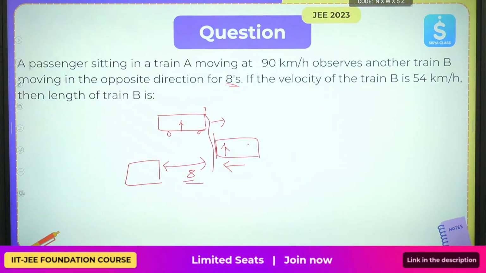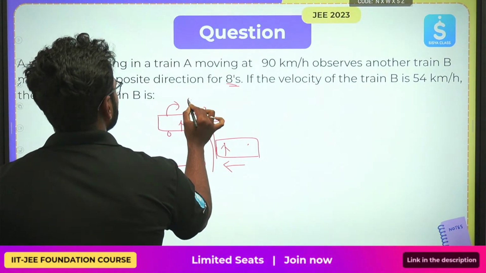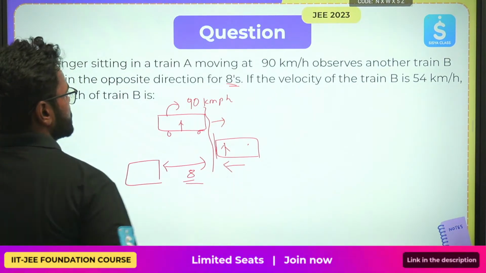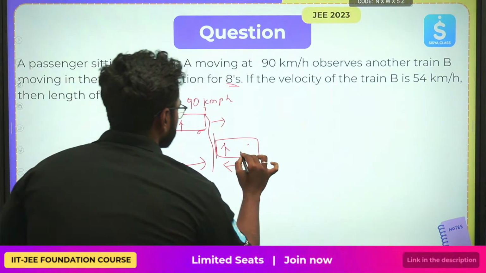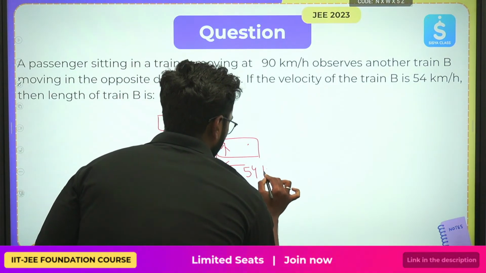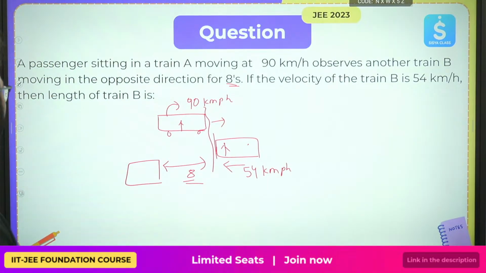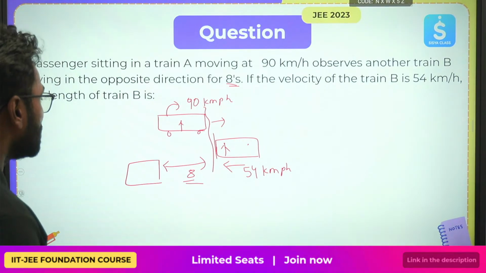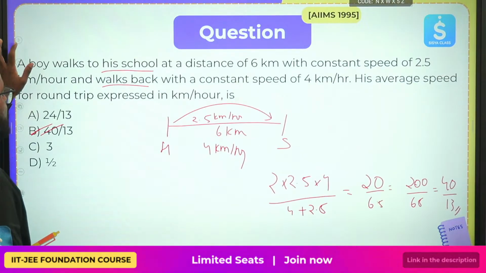The velocity of train A, the observer's train, is 90 kmph. The velocity of train B is 54 kmph. Now, what is he asking? The length of train B. So he wants to find the length of this train. We'll apply the concept of relative speed.